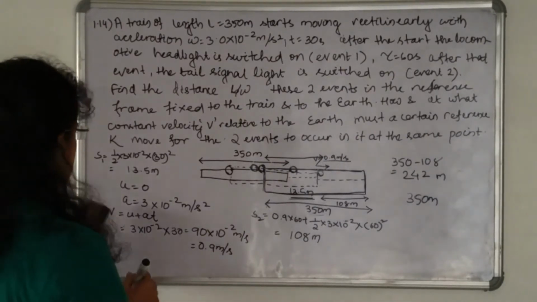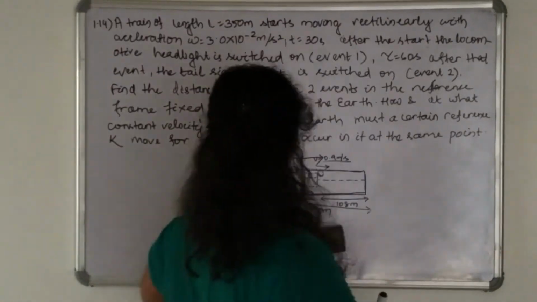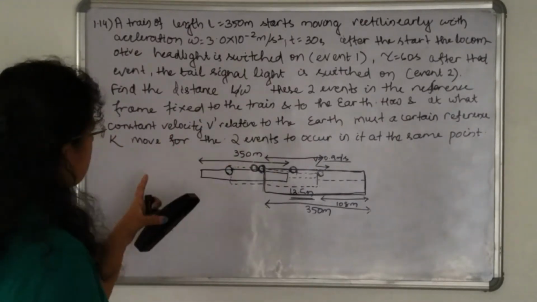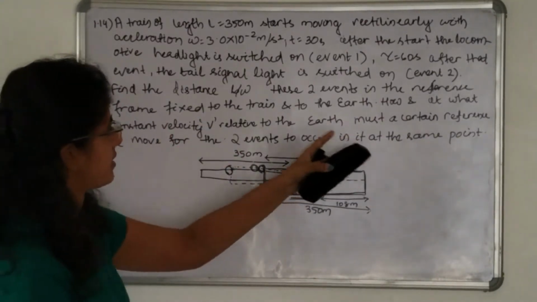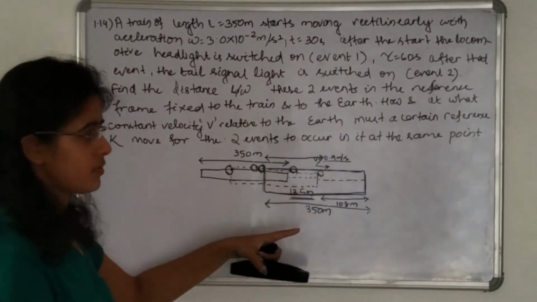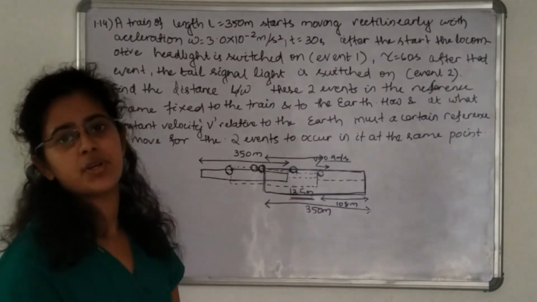I am now wiping this. So we have to calculate the velocity v relative to the yacht of a reference frame in which the two events will occur at the same point.